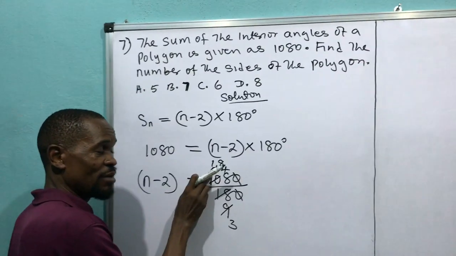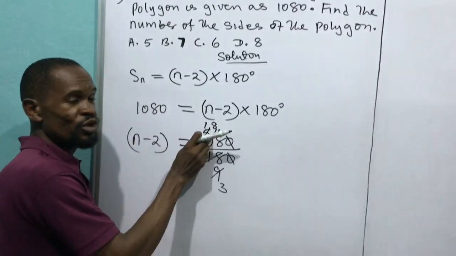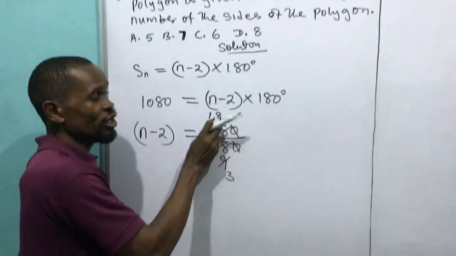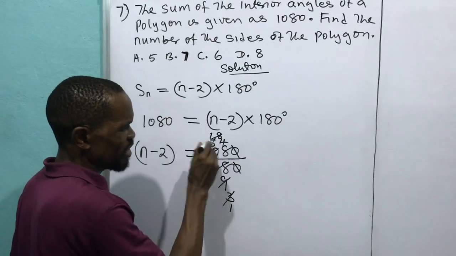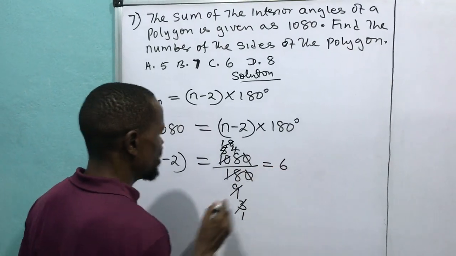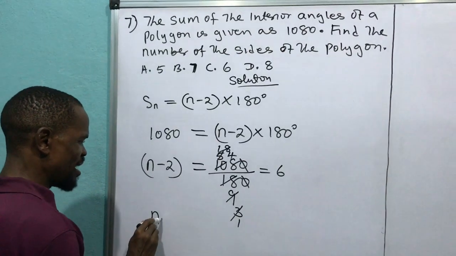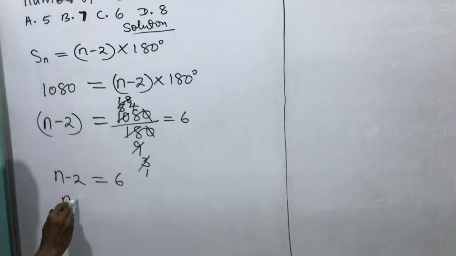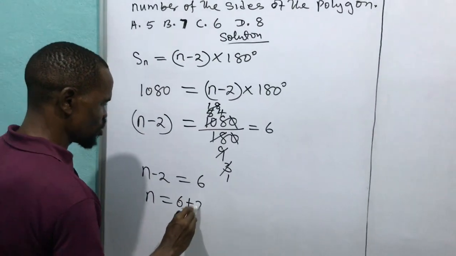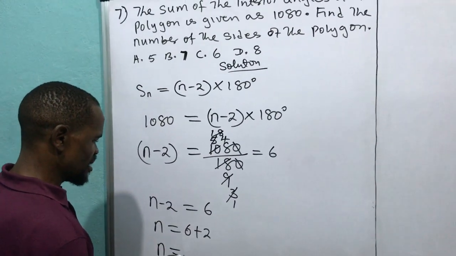When 3 goes here, I get 1 remainder 2. Putting 2 here gives me 24, which divided gives 8, and 3 goes into 3, 1, and into 8 gives me 6. Therefore n minus 2 is equal to 6. Therefore, n is equal to 6 plus 2, and n is equal to 8.